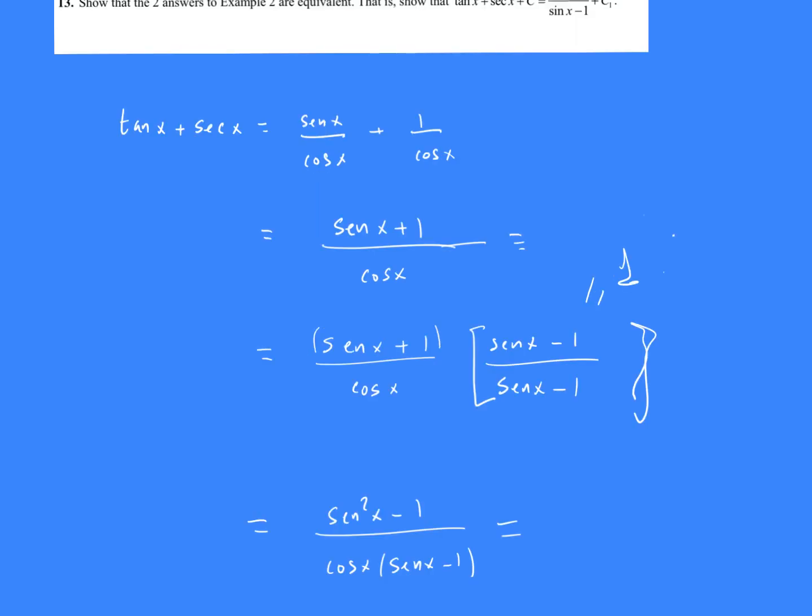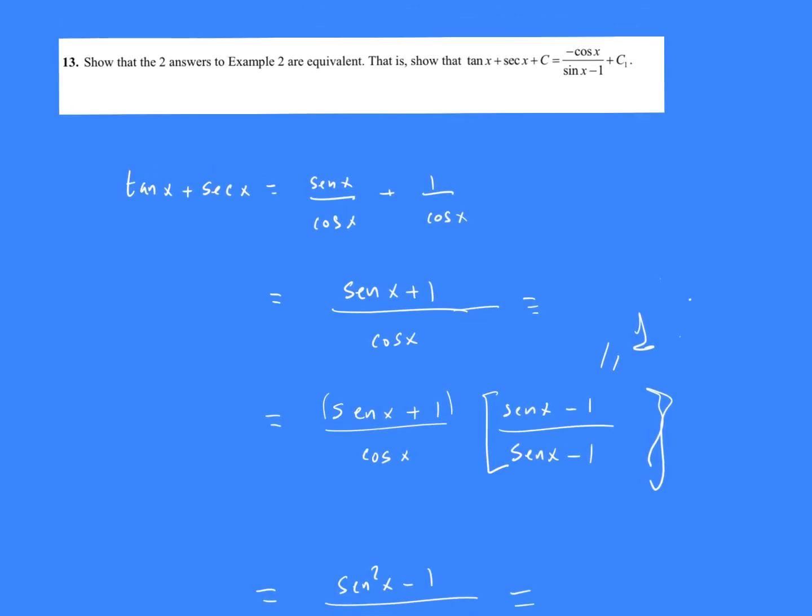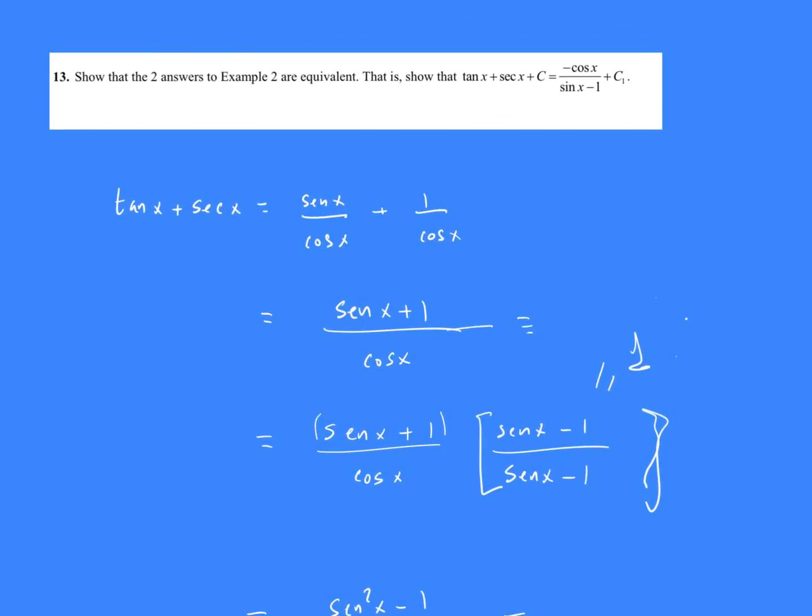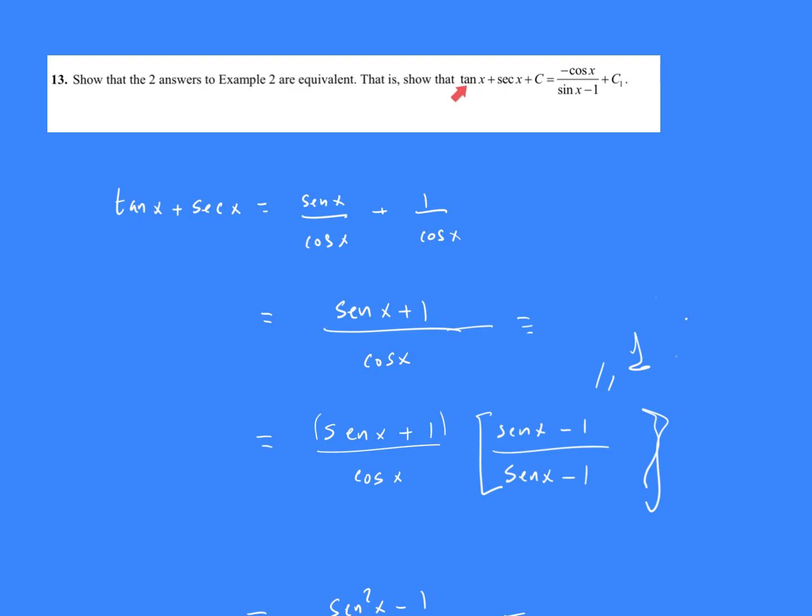To prove that tangent of x plus secant of x is equal to 2 minus cosine of x, we have to prove that it is equal to minus cosine of x divided by sine of x minus 1.